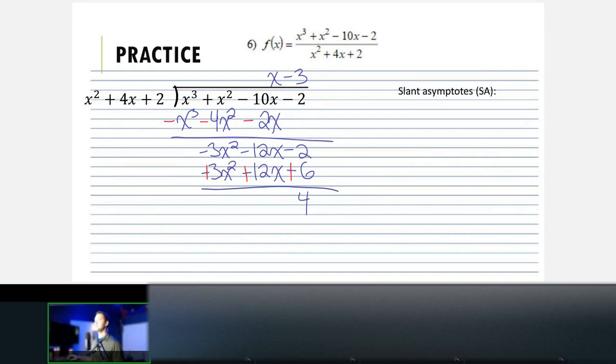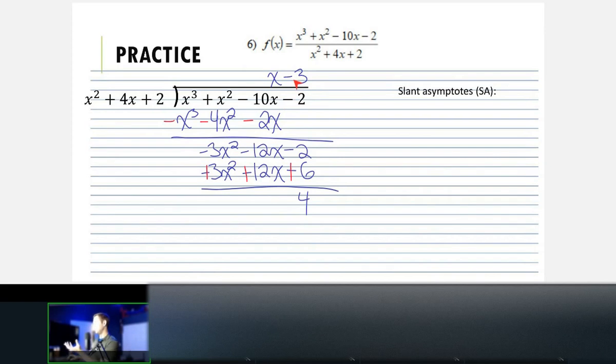Now, class, when you find the SA, could I have really stopped right here? Did I have to really go on? Yeah, so we can see right here, once you have this number filled in, anything after this number is the remainder. So I really didn't even have to multiply this negative 3 out to here.